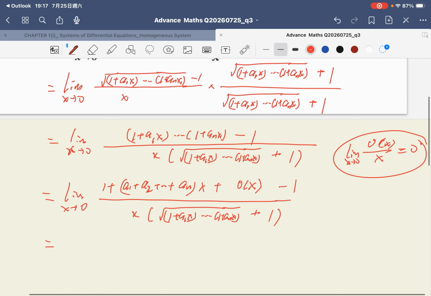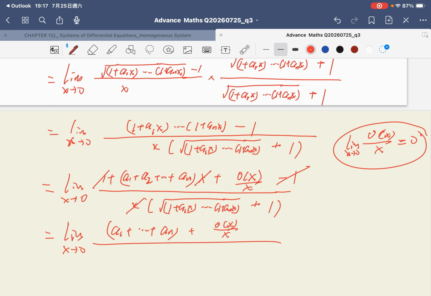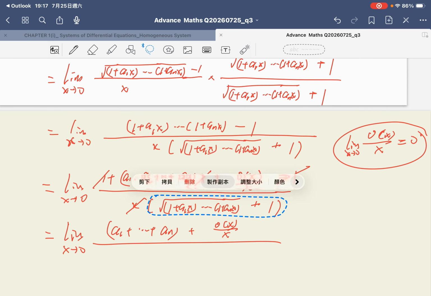Now we can see this cancels, and this x also cancels over x. That means we have a1 plus a2 up to an, plus o(x) over x, and the square root of this one plus 1.